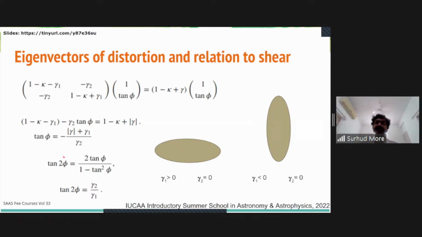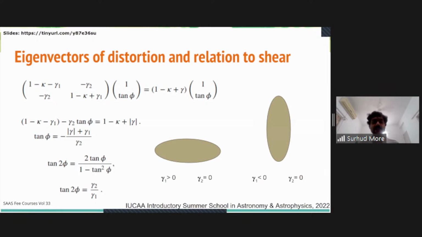Using the identity for tan 2 phi compared to tan phi, which is given by this, you can show that tan 2 phi is given by gamma 2 divided by gamma 1. So the phase of this complex number should be 2 phi. You can write gamma as mod gamma times e to the i 2 phi, and that e to the i 2 phi is just cos 2 phi plus i sine 2 phi.